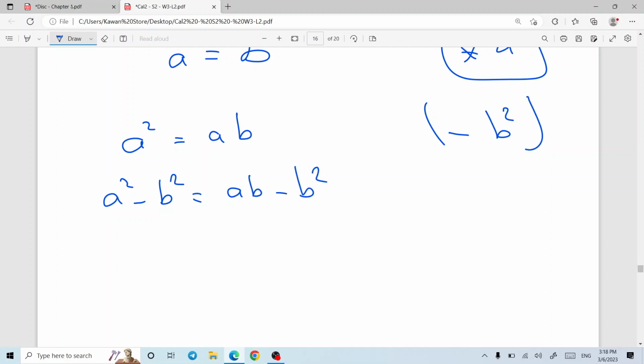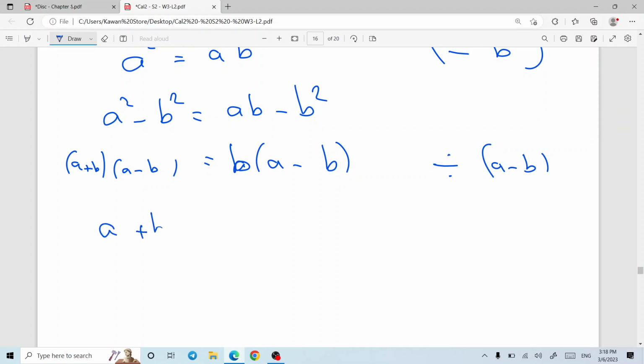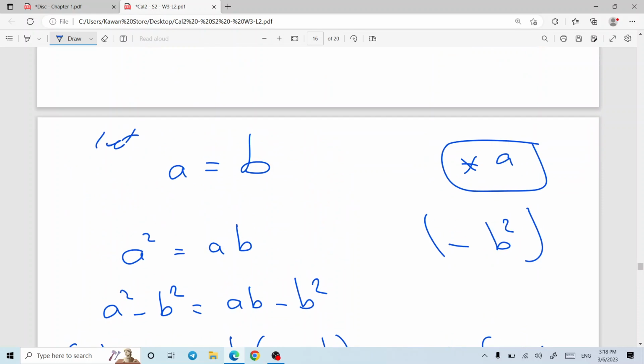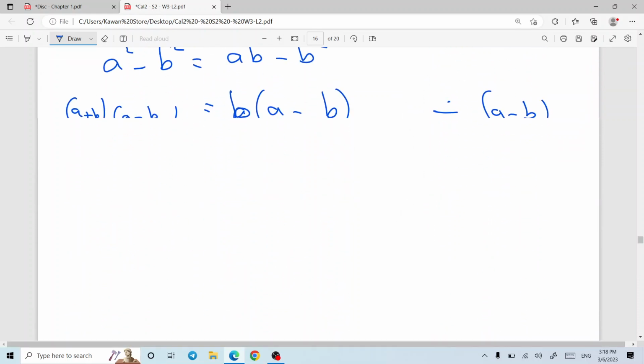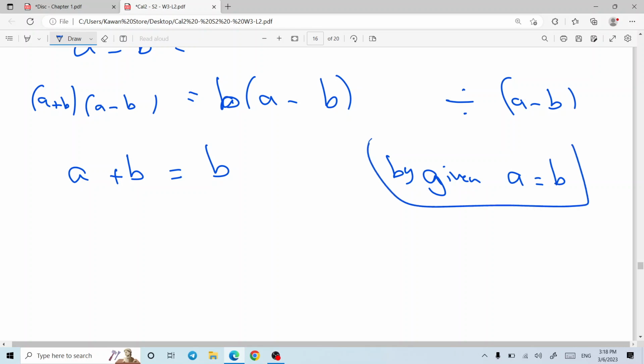Now, this is the difference between two squares, and I'm going to take B as a common factor. Now we divide both sides by A minus B. But by given, A is equal to B, so substitute it here.